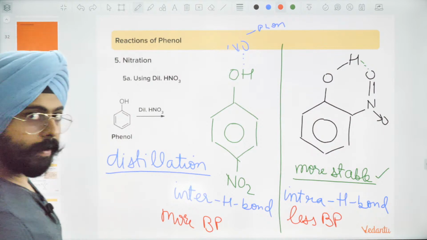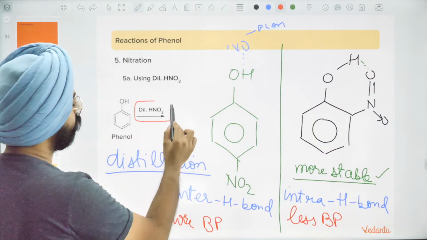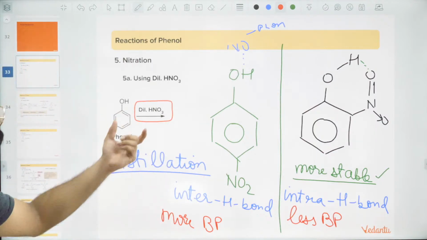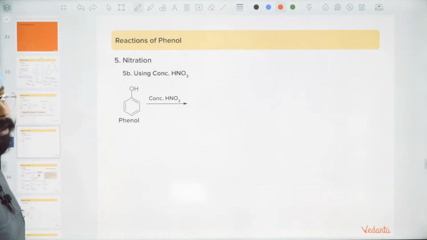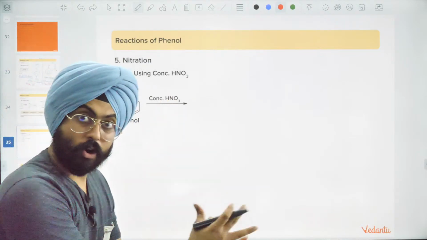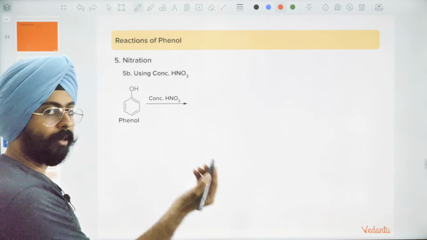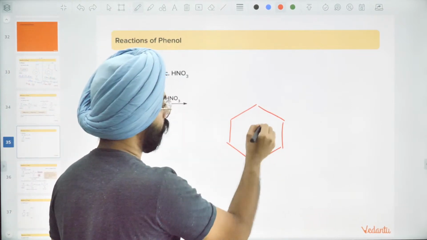So now one thing that you should notice in this particular reaction is that you used dilute HNO3. You used dilute HNO3. What if I use concentrated HNO3? There is a lot of HNO3 right now. My dear friends, I am pretty sure you've already predicted. You will get a polysubstituted product.